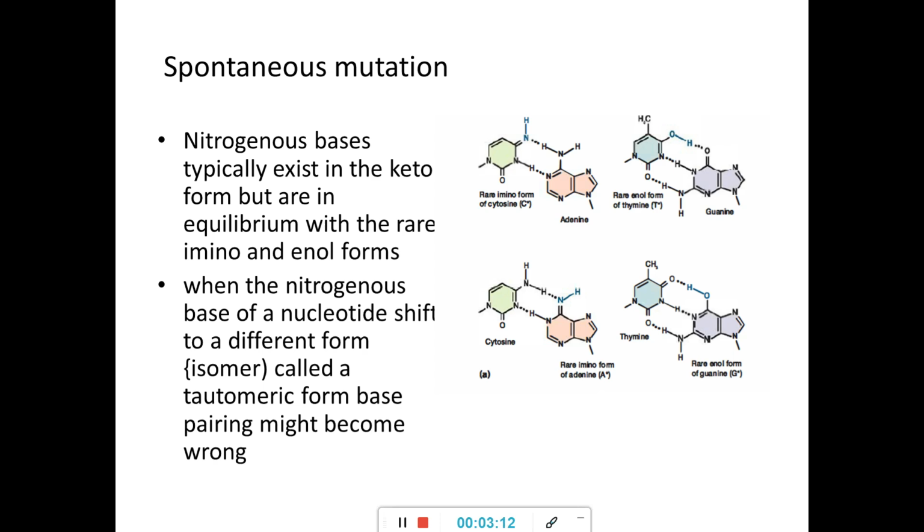I am talking about the first cause, which is mainly tautomerism, which could result in a spontaneous mutation. Tautomerism is a situation in which the nitrogenous bases shift from one isomer to another tautomeric form.